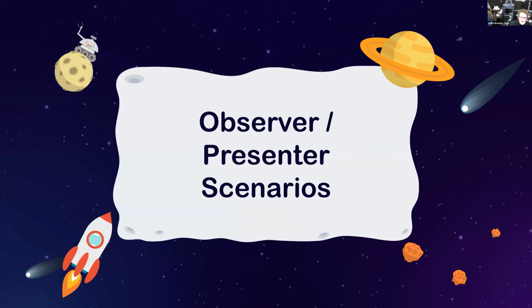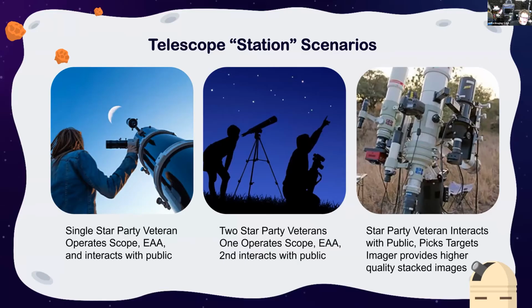So one of the things is I'm not sure exactly the best way to set this up. The original idea is the visual observer, star party veteran would do it all, right? He or she, they bring their scope, they set it up, they get on target, they put the camera in for the eyepiece, they run the software and interact with the public.